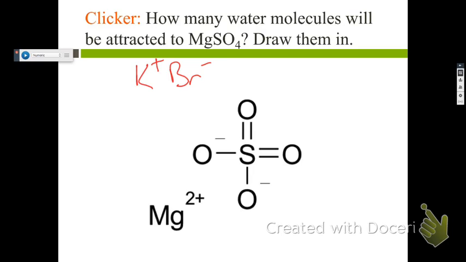So if we have a metal and a non-metal together, they're going to be very polar bonds to the extent that we actually call them ionic bonds. So if we have these two ions versus these two ions, what can we say about how difficult it would be to pull them apart for each of those two? Aaron?